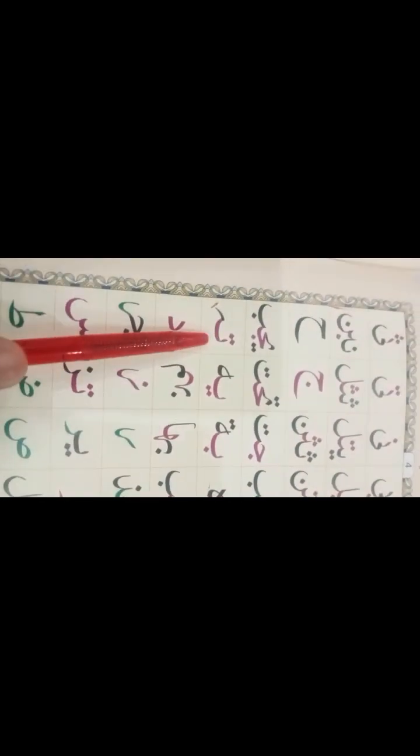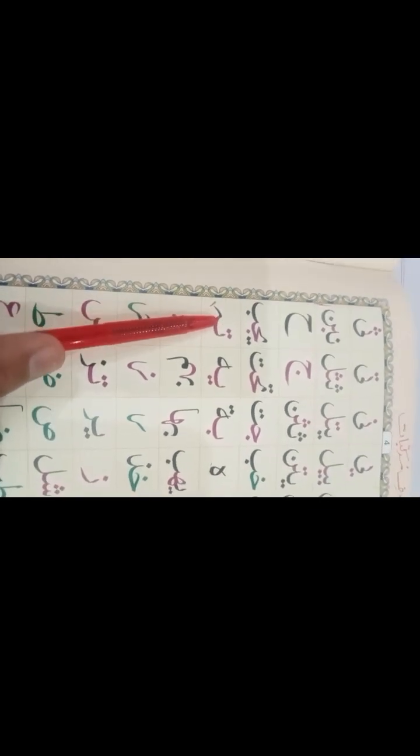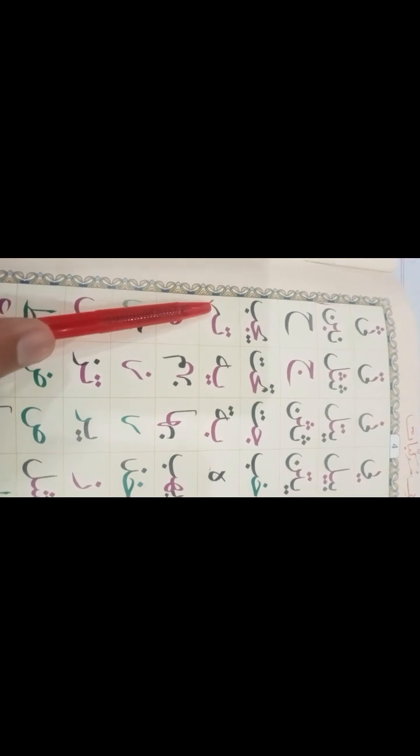It is mentioned here, and another written form of ha is there in ta ha. You can see here ha. So there are almost six written forms of ha. 1, 2, 3, 4, 5, 6.